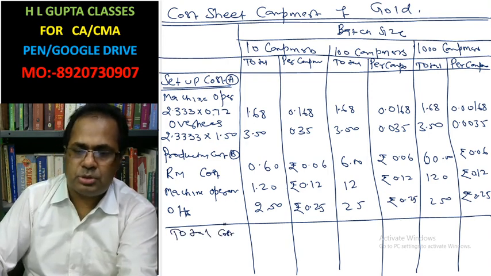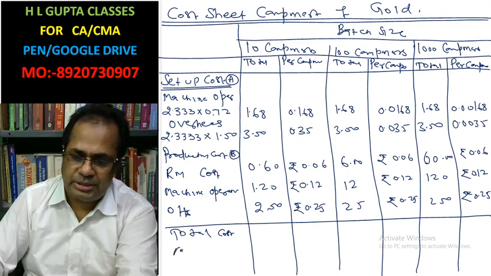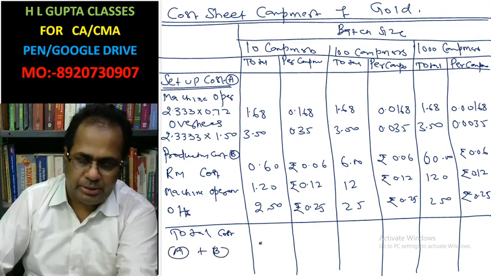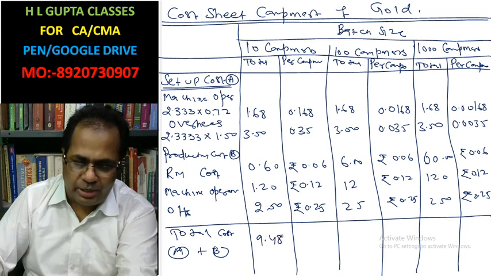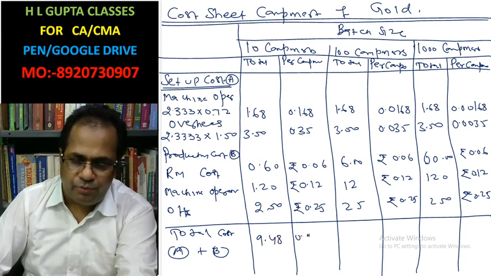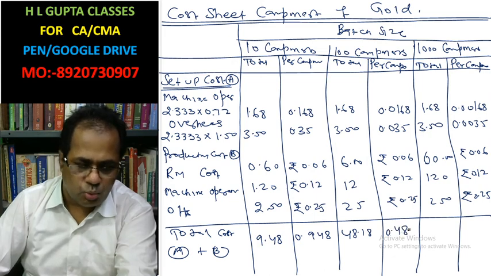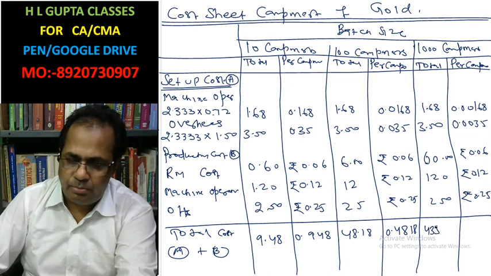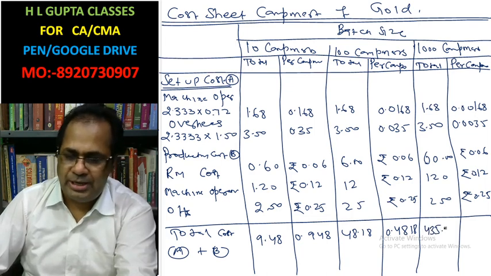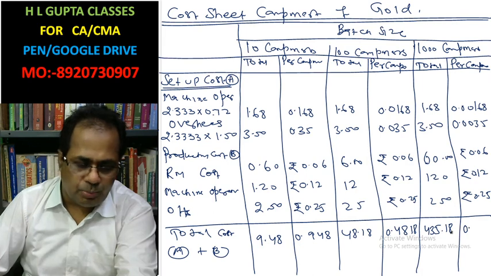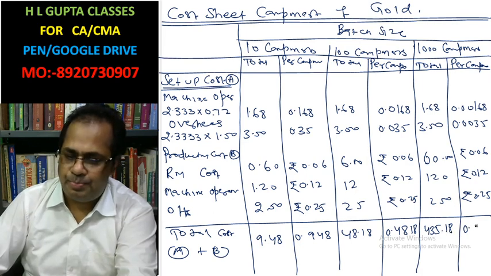There are two types of cost: one is the setup cost, another is the production cost. This is A plus B. The totals are 9.48 for 10 components, 0.948 per component, and 948 for 1000 components. Total cost is 48.18 for 100 components with 0.4818 per component, and 435.18 for 1000 components with 0.43518 per component.